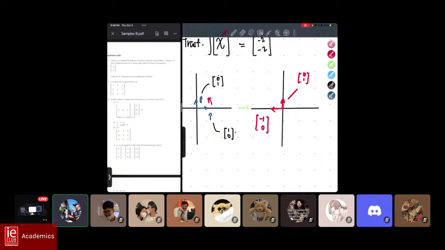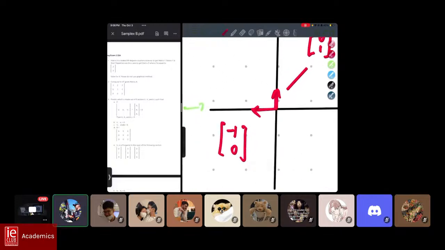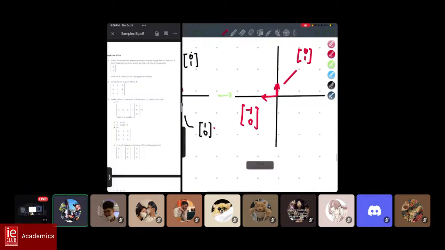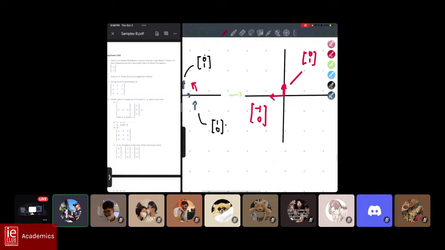Makes sense, right? Because this is now negative 1, 0 and this is now 0, 1. These are like its coordinates, so yes, matrix coordinates.